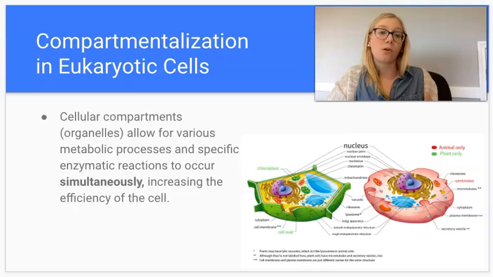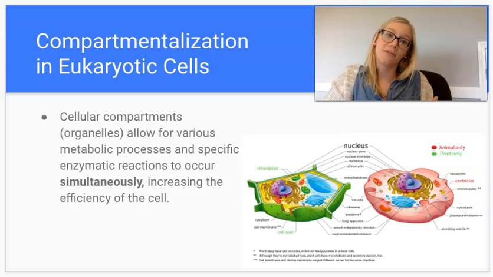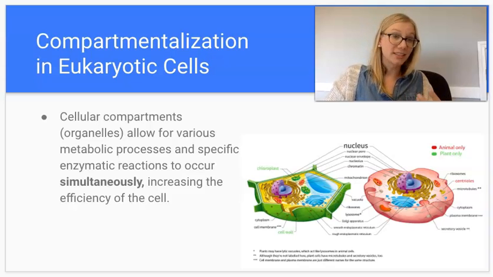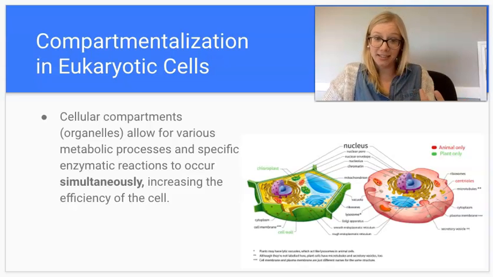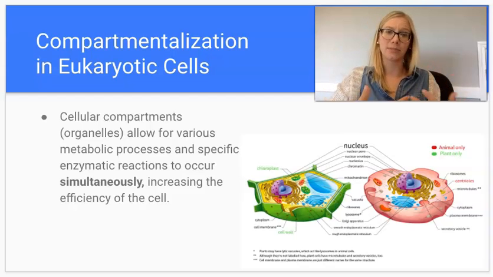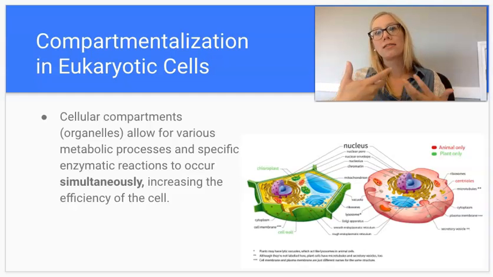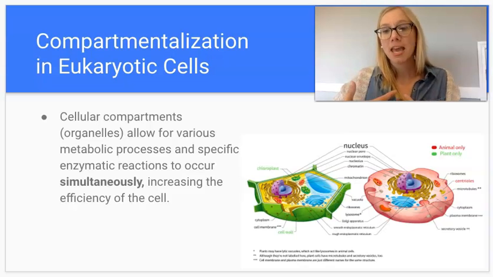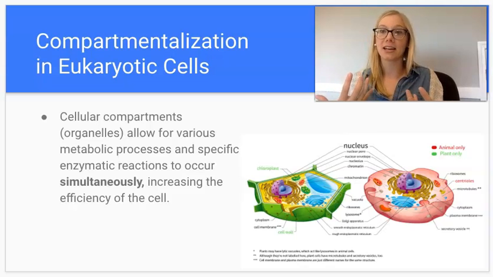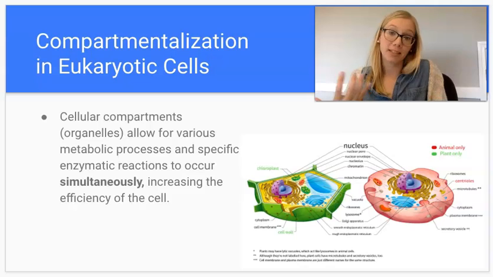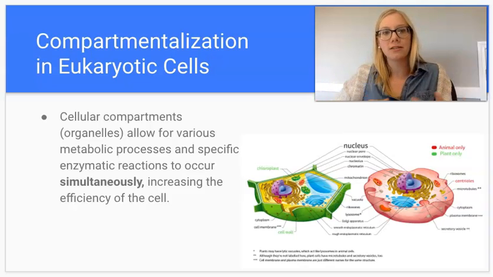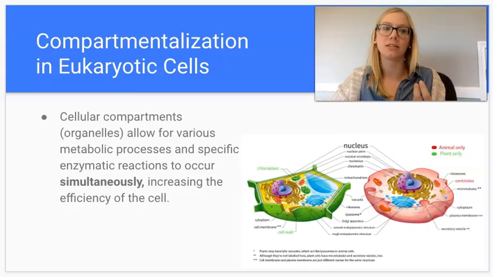Cellular components of organelles allow various metabolic processes, or rather tasks, to be accomplished and transformed simultaneously, meaning they happen all at the same time, which increases the efficiency of the cell. That means the cell can do more than just one thing at a given time. It can have lots of different tasks accomplished simultaneously or in a short amount of time, making it more efficient for the cell.